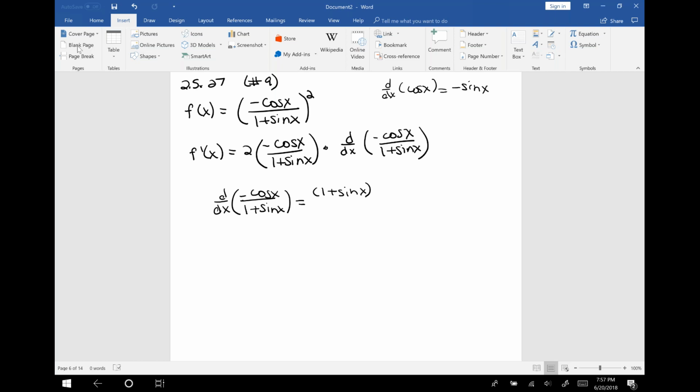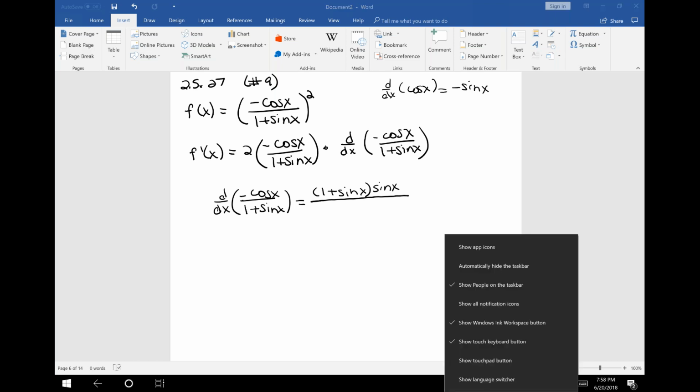So minus cosine of x, the derivative of that, is going to be minus the opposite of sine of x, so it's just going to be the sine of x. Okay, so derivative of cosine is minus sine, so derivative of minus cosine of x is going to be sine of x.